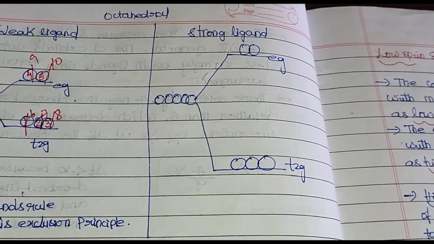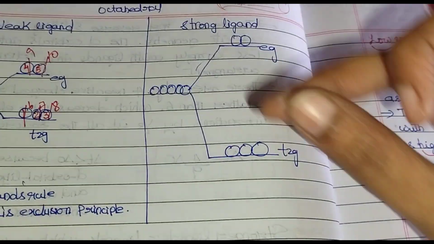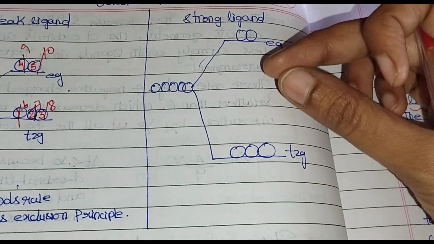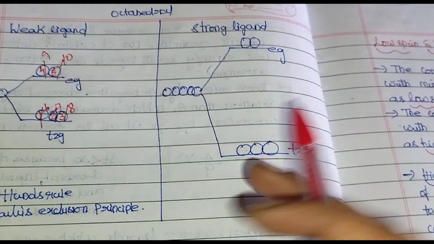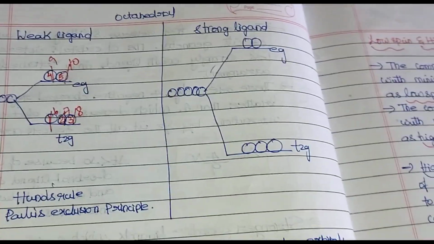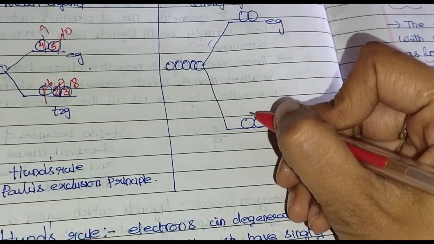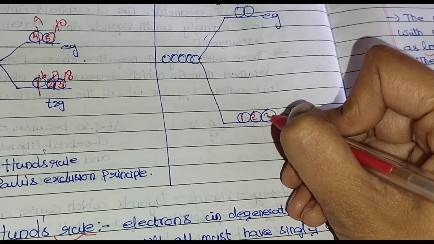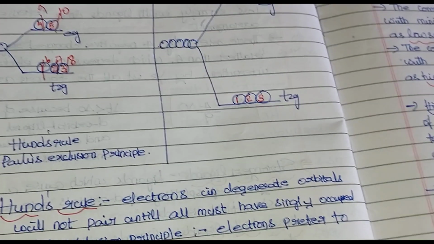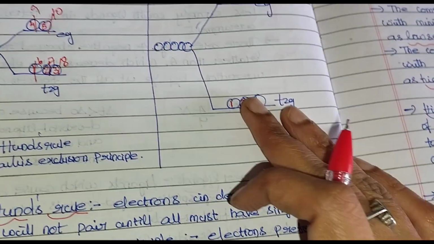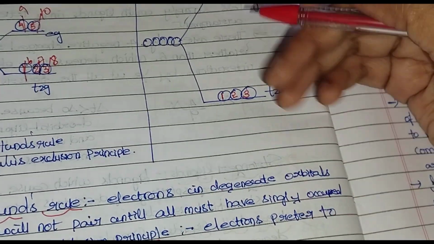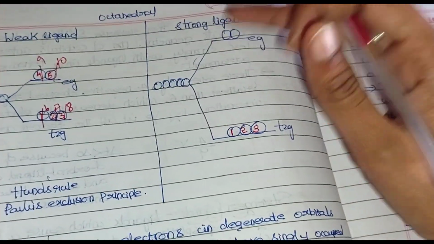What happens in the case of strong ligands, we'll see. The splitting of d orbitals will be more. So how the pairing takes place according to Hund's rule and Pauli's exclusion principle: first it will occupy the lower energy according to Pauli's, but the energy gap is so large that it cannot fill the 4, 5 here.